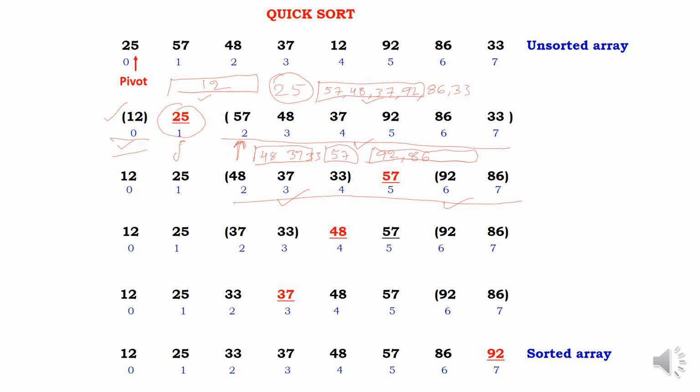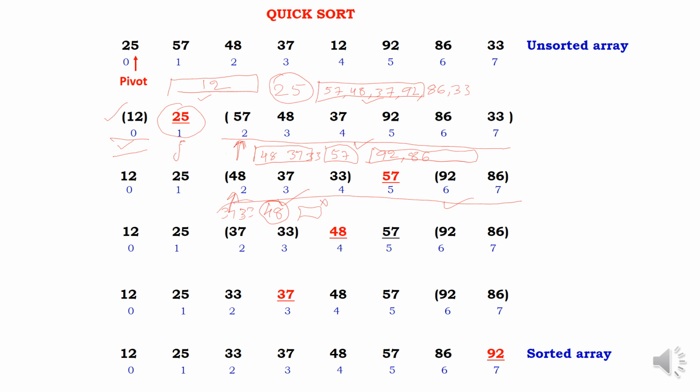If you apply quicksort method on left array, you select 48 as your pivot element, the first element of the partition. So 48 is the first element, we select it as pivot element and we fix it, and we select what are the elements smaller than 48. 37 is small and 33 is also small, so 37 and 33 are placed before 48 and there are no other elements, so right side there are no elements.